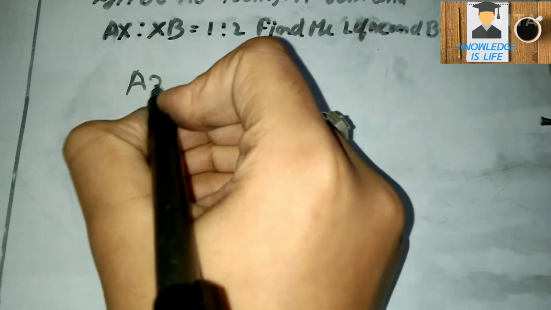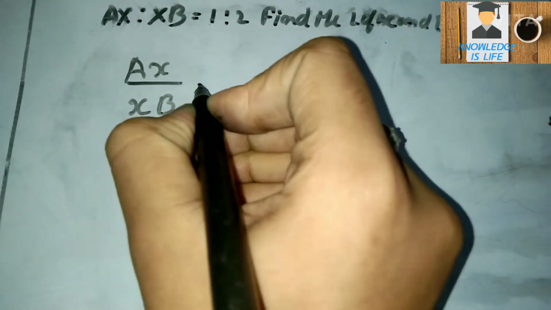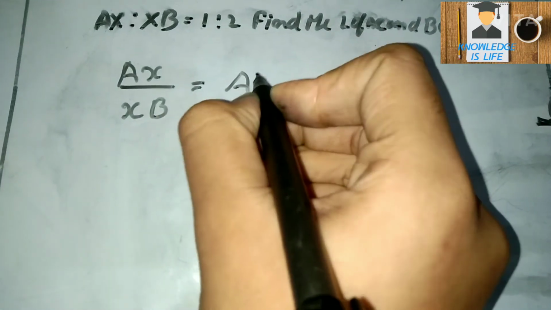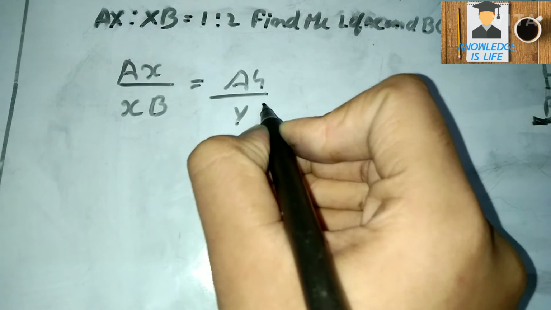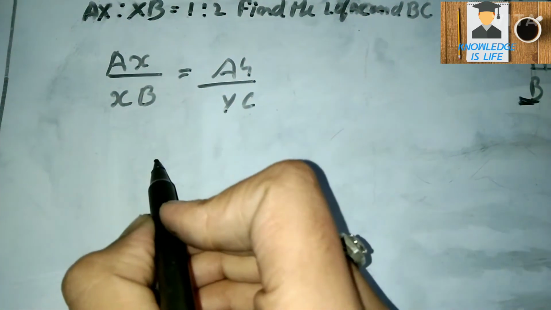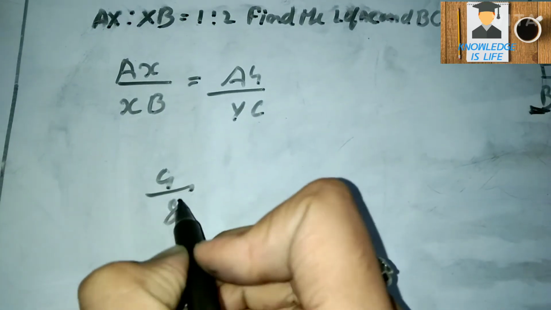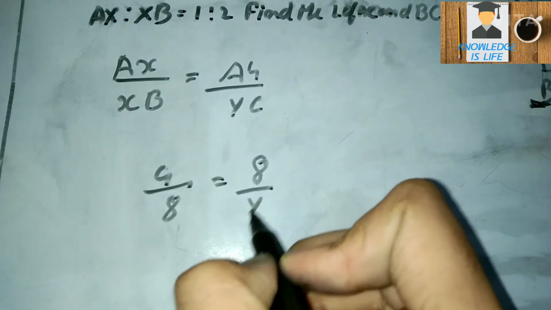Our next step will be AX by XB equals AY by YC, according to the formula. So 4 by 8 equals 8 by YC.